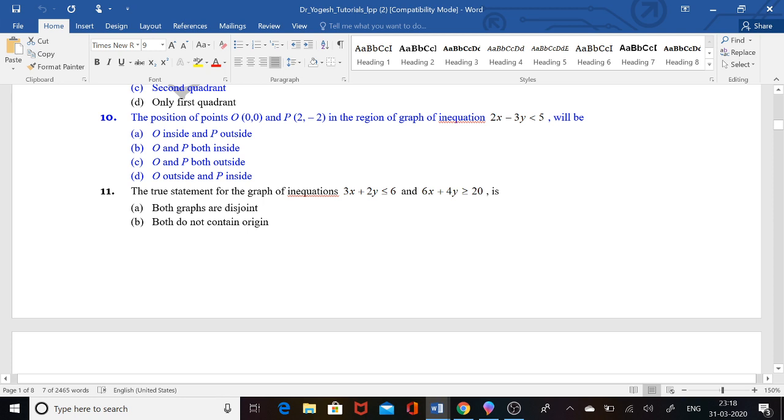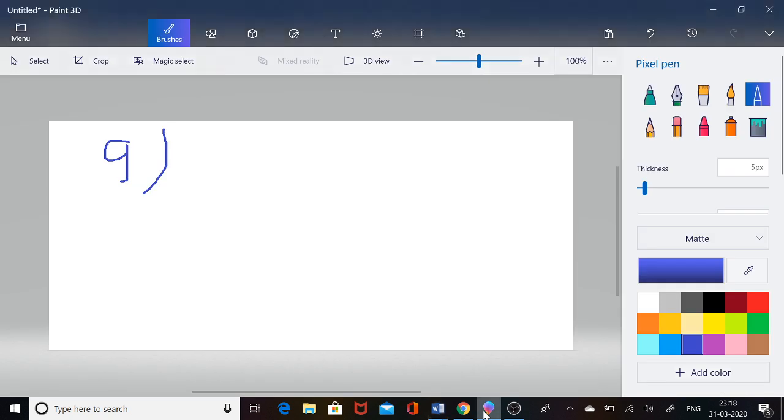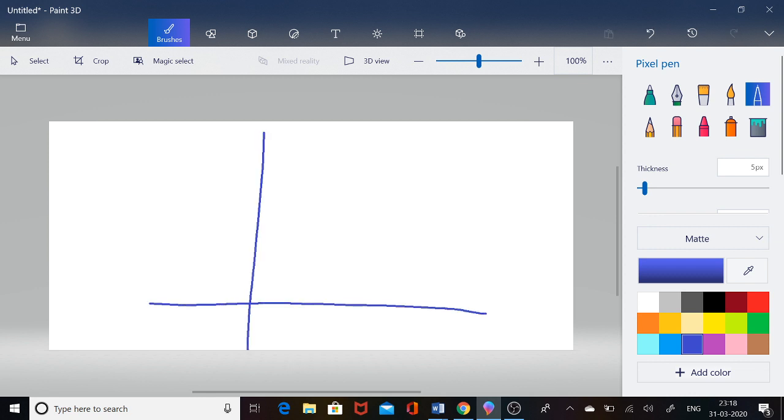The tenth one says the position of the points O(0,0) and P(2) in the region of the graph. You need to plot this one, I'll plot it, just wait. If I plot it, it goes like this.